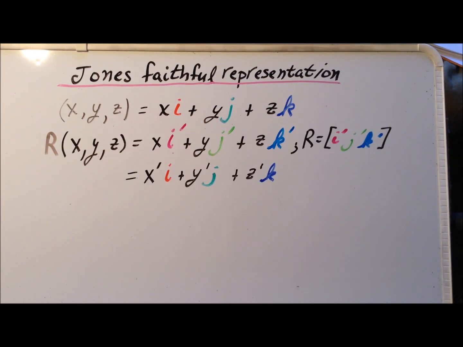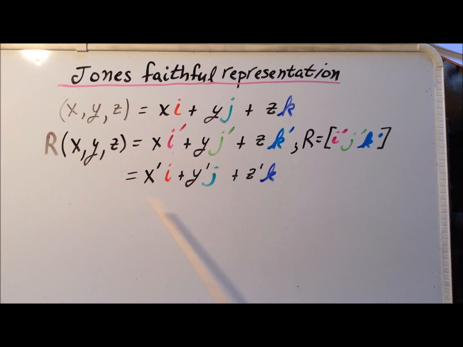We can write down a representation for this transformation where we have this particular row vector where i prime, j prime, and k prime are column vectors, and each of those vectors is the new basis for the coordinate system. But we could also interpret the transformation so that the new transformed point is x prime times i plus y prime times j plus z prime times k.